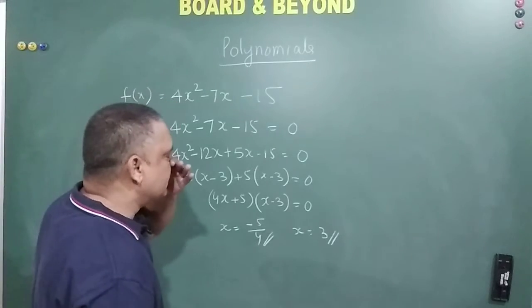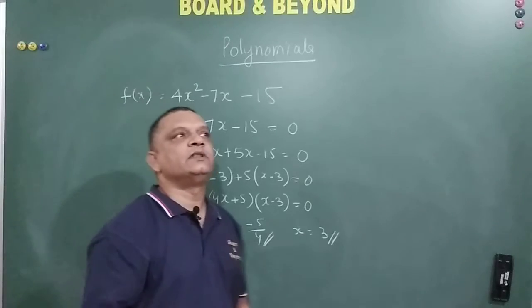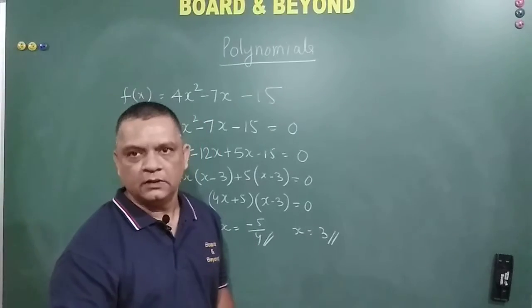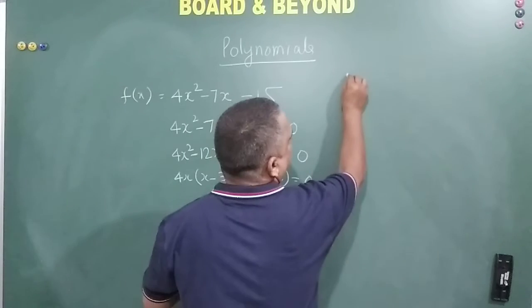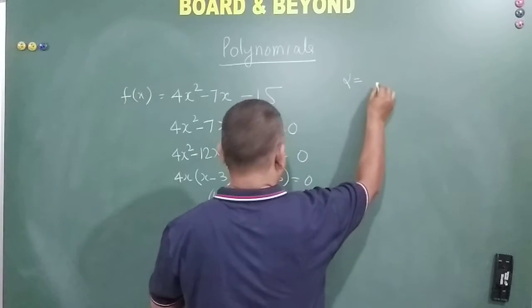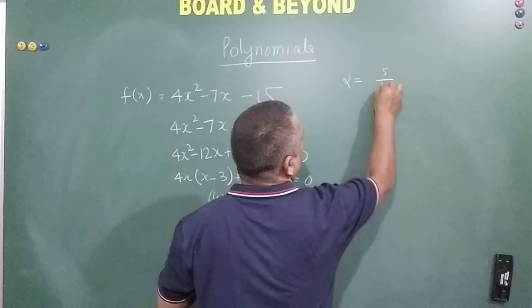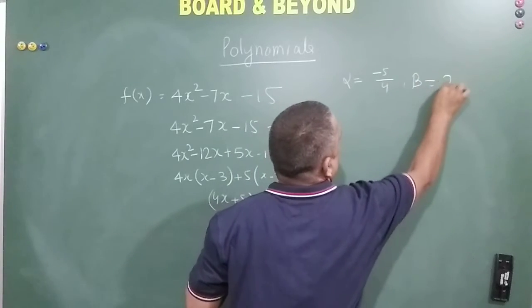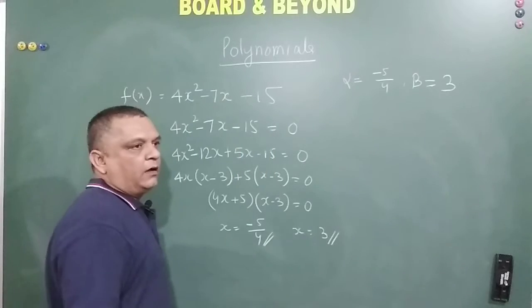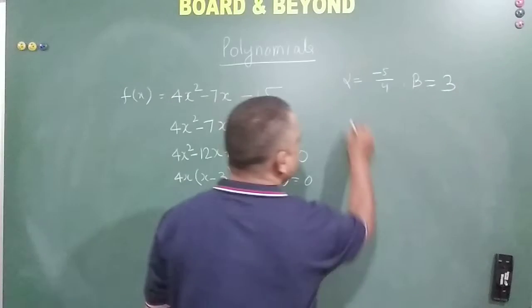Now let us try to verify the relation between the roots and the coefficients of the polynomial. Okay, so to verify that, let us say alpha is equal to minus 5 by 4 and beta is equal to 3. We know alpha plus beta is equal to how much, friends?